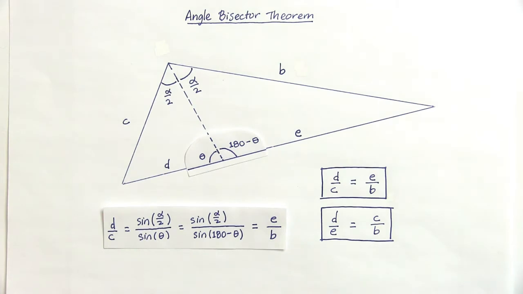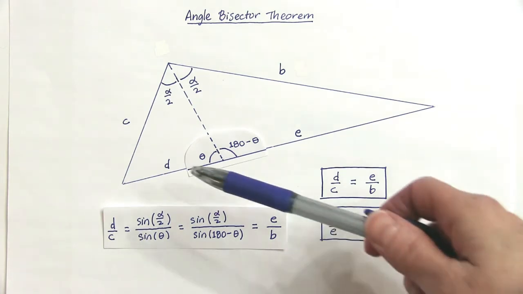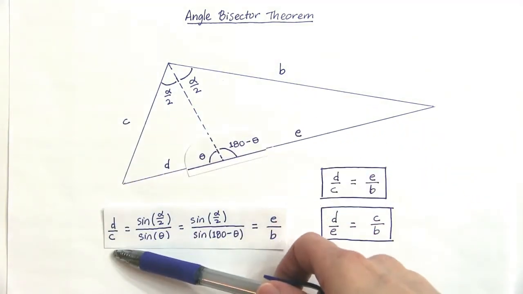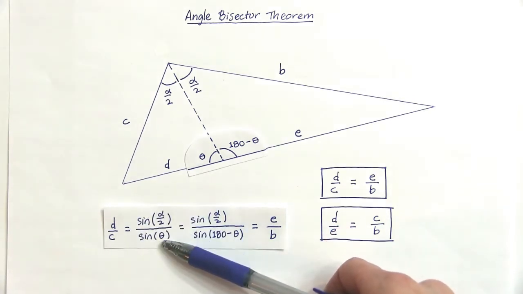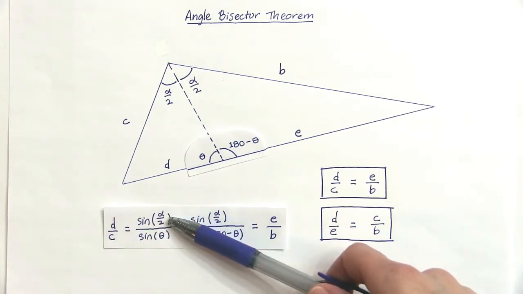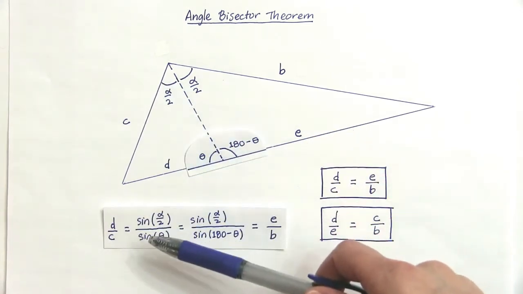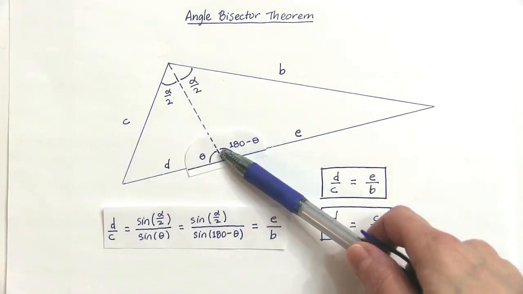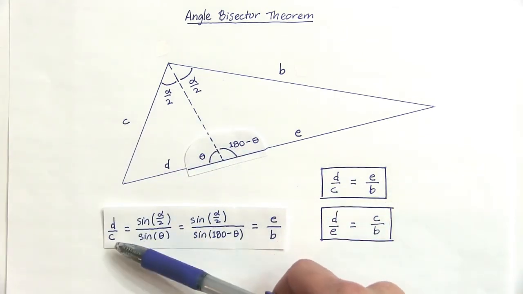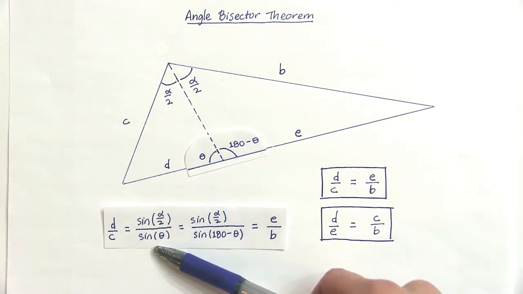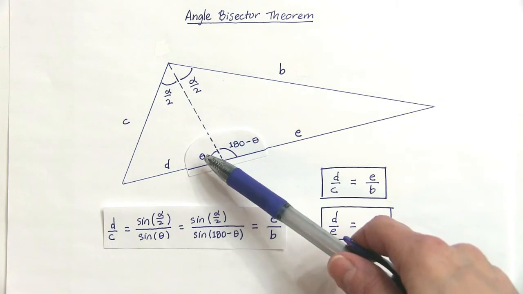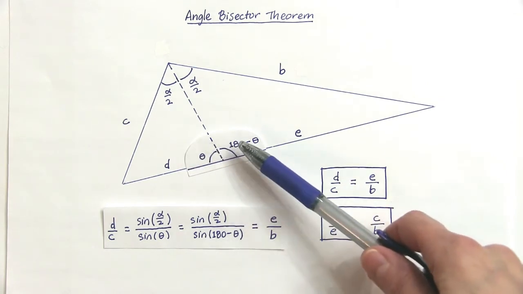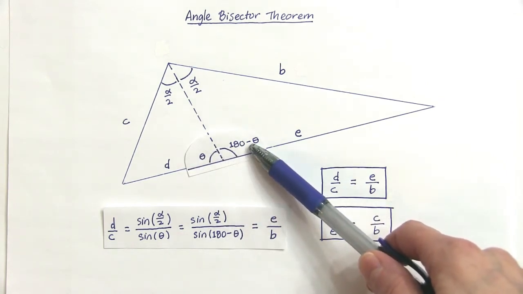So the law of sines says that D over C is equal to the ratio of the sines of the corresponding angles. D is opposite alpha over 2, and C is opposite theta. So D over C is equal to the sine of alpha over 2 over the sine of theta, and then recalling that the sine of theta is the same as the sine of 180 minus theta.